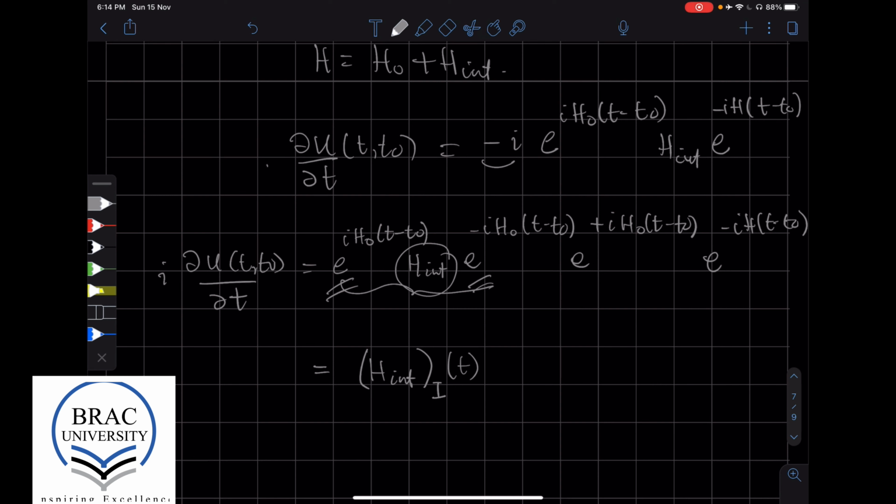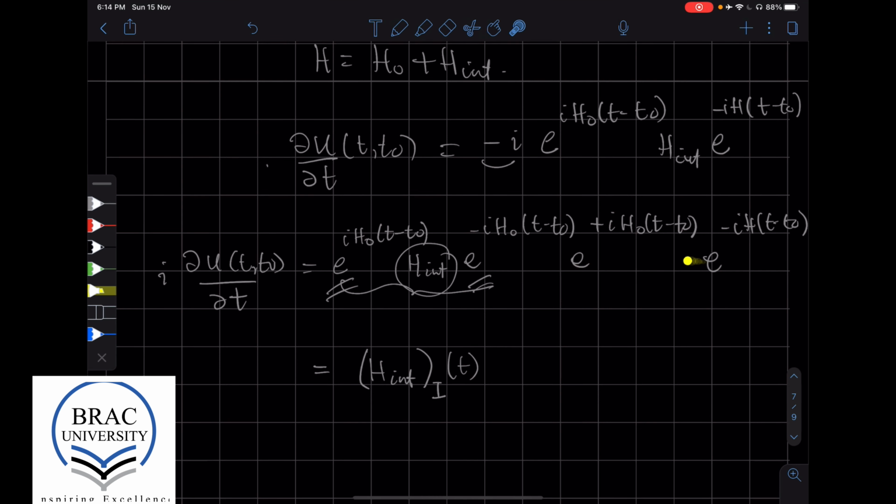Why would it depend on time? Well, that's because we are making the unitary transformation with respect to H0, but here we have H int. Since H0 and H int are not the same Hamiltonian, they will not commute in general, and therefore this factor will not go through and cancel this. So the whole thing will in general be time dependent.